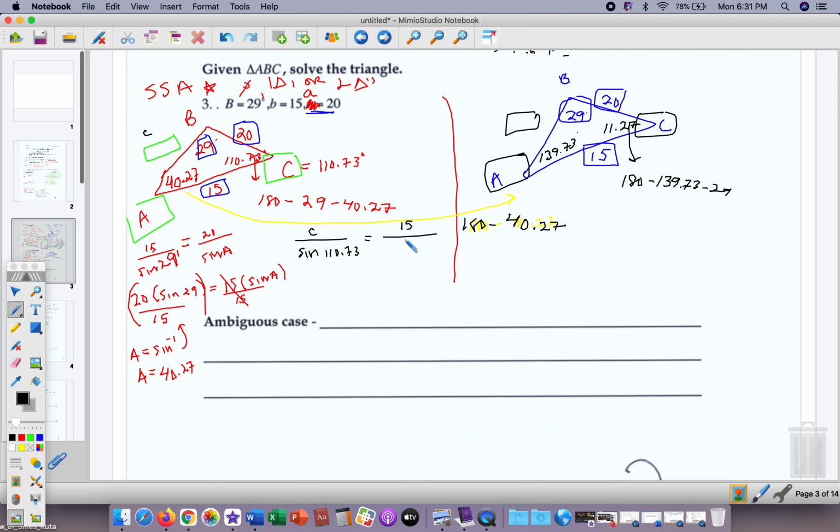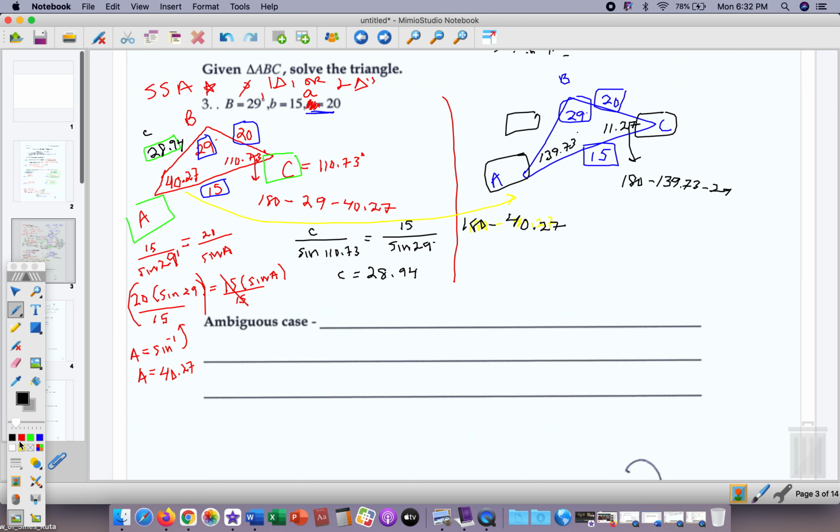So little b is 15 over sine of 29 degrees. If we cross multiply, we'll end up with C equaling, let's see. So I'm going to do sine of 110.73 times 15 divided by sine 29. So we get 28.94. So that's what this would be for the left triangle.